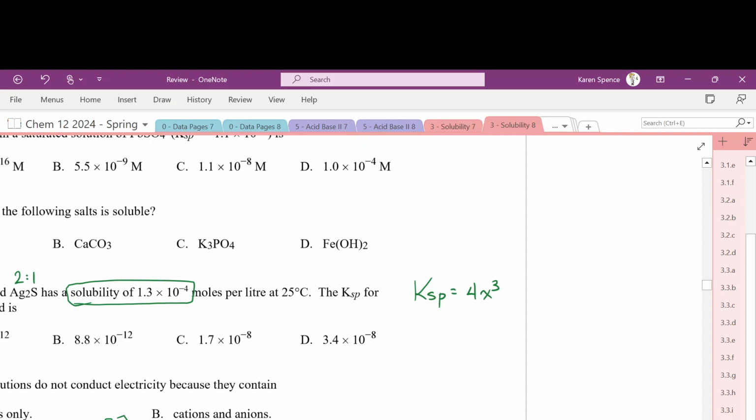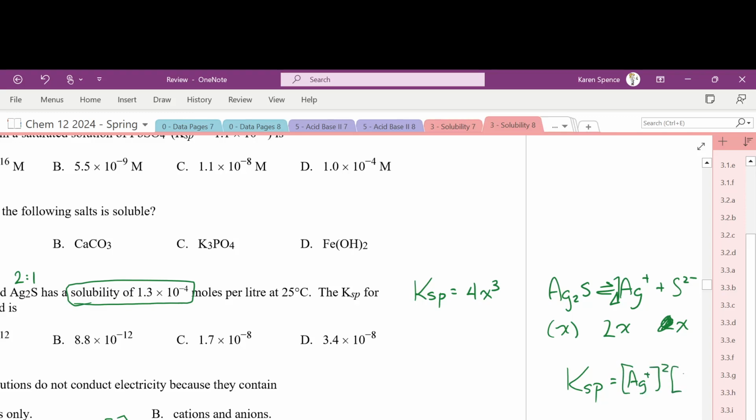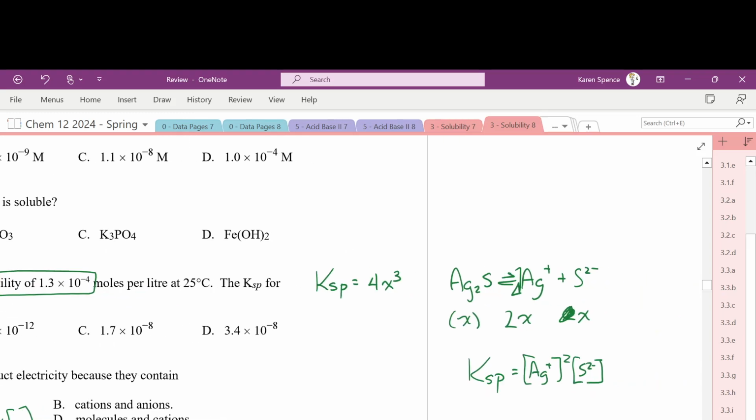If you're not comfortable doing that, you can say Ag2S in equilibrium with Ag plus, two of them, plus S2 minus, and we have X, and we have 2X and X. And then our KSP is equal to silver squared times sulfide, which is equal to 2X squared times X, which is equal to 4X squared times X, which is equal to 4X cubed.